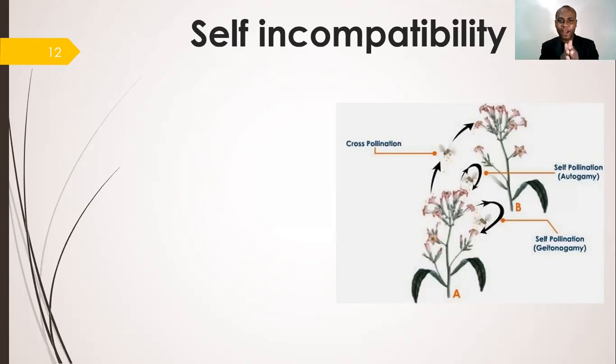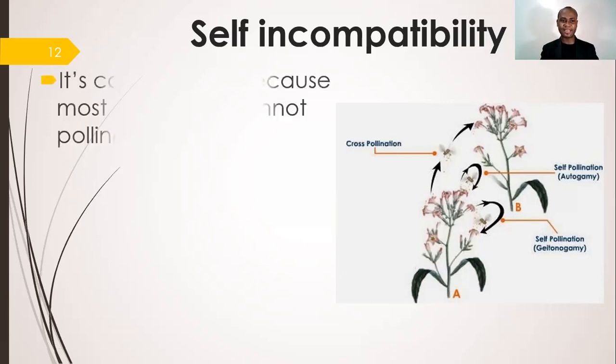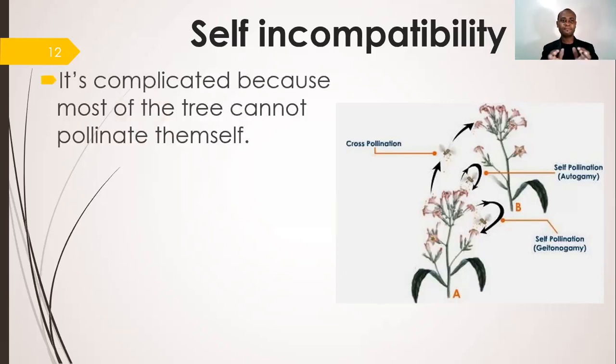So to avoid this, you need to enhance cross-pollination on your farm. And then we are going to talk about that in detail later. But the idea here is, you need to understand that to really ensure fertilization, you need to facilitate cross-pollination.